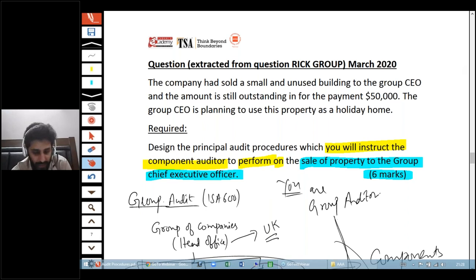Which accounting standard is being applied over here? Yes, you guys are absolutely right. The accounting standard being applied in this case is IAS 24, that is the related party transaction.